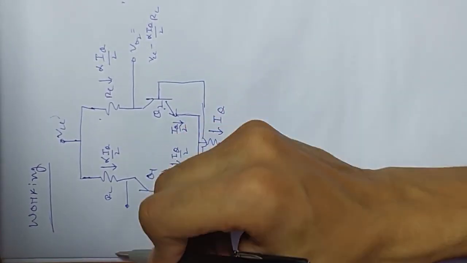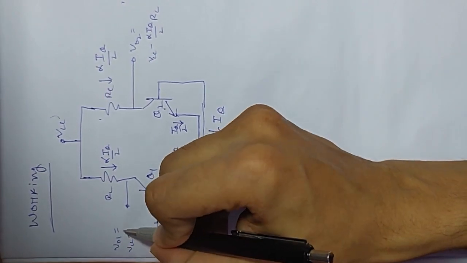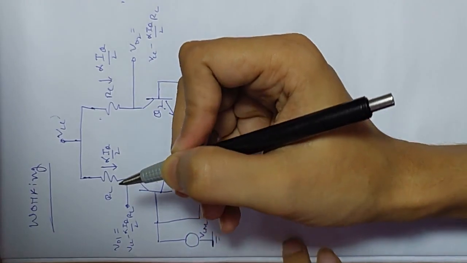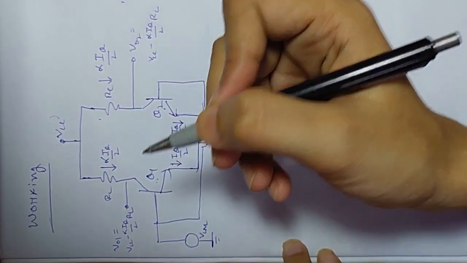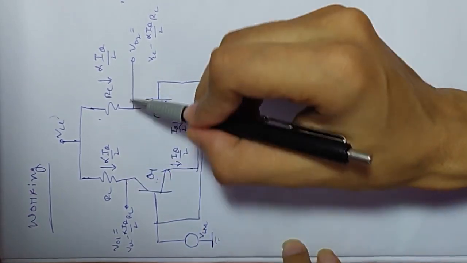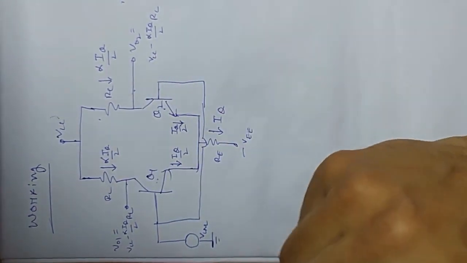Similarly, V01 will be VCC minus alpha IQ by 2 times RC. And you can see both the terminals have the same potential, so their difference will be 0 in this case.